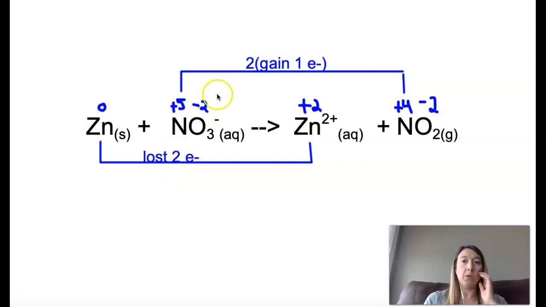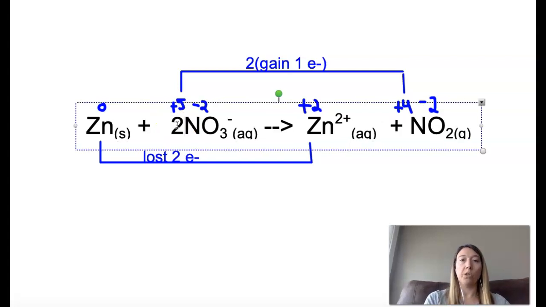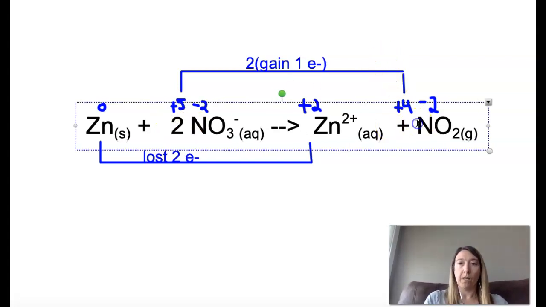So what we're going to do is, because we had to multiply by 2, this determines the coefficient that's going to go in front of this and in front of that. Okay, because the linker line goes to those two things, we're going to put a 2 here, and we're also going to put a 2 here.